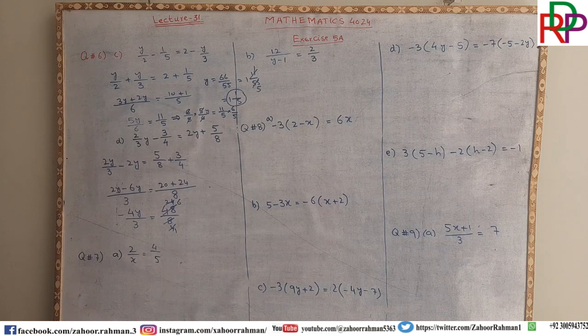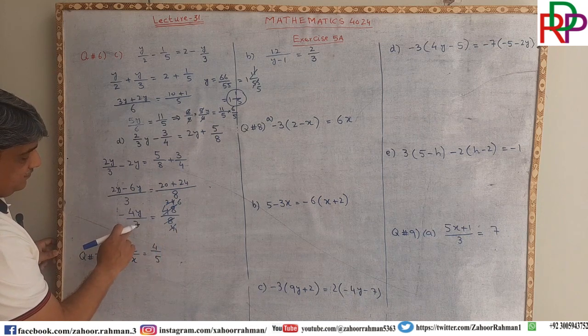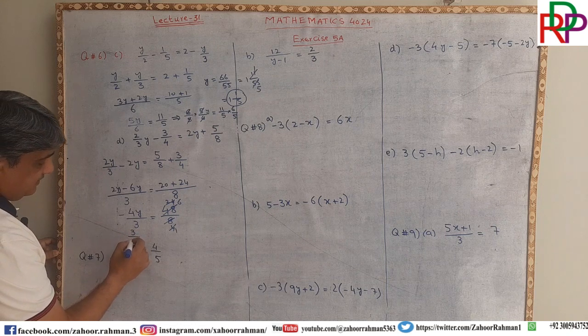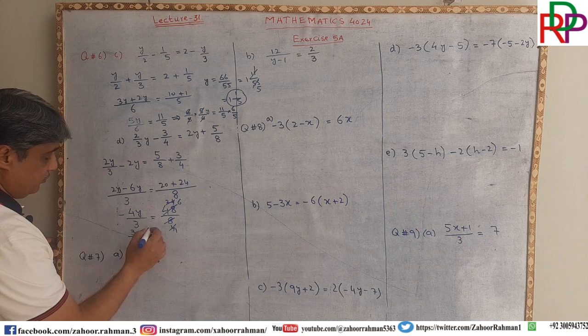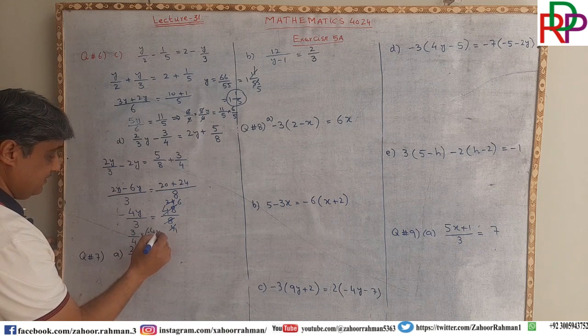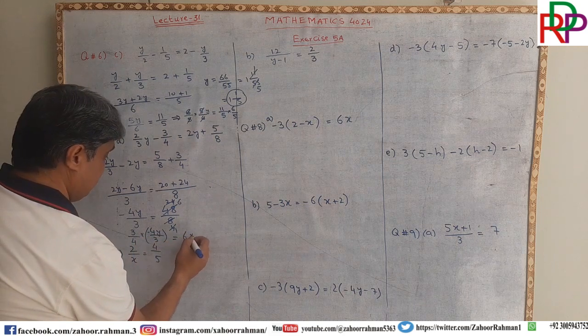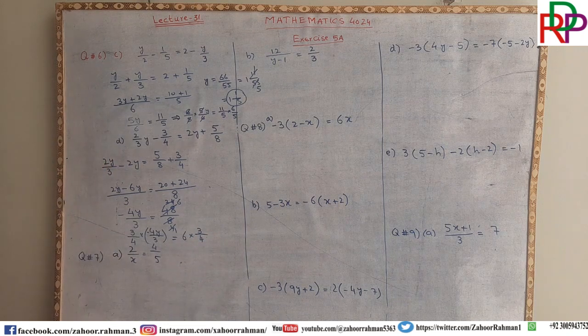6. So it means that we have to shift this minus 4 over 3. So we have to multiply with the reciprocal of 4 over 3, which is 3 over 4, minus 4y divided by 3, and we have to do the same thing on the other side as well.